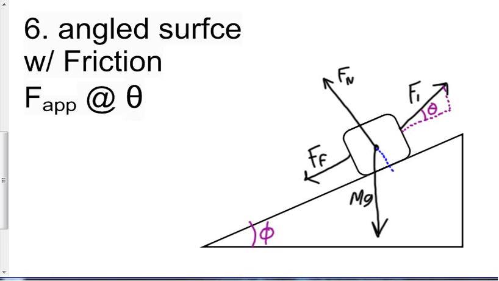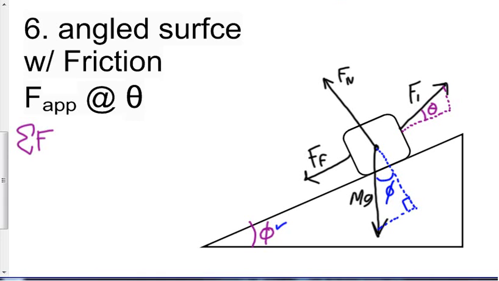This is a perpendicular dotted line. This is a parallel dotted line. This is a 90-degree angle. This angle matches this angle down here, and so this is angle phi. And everybody loves these because I got two different angles going on, so we really have to pay attention to what's going on. We will do the x direction in, let's do purple.